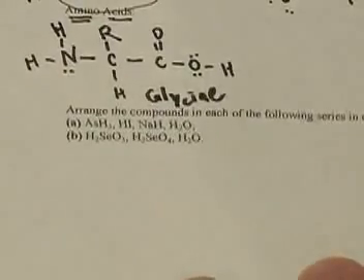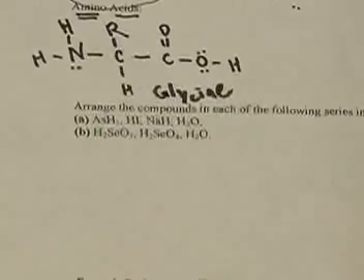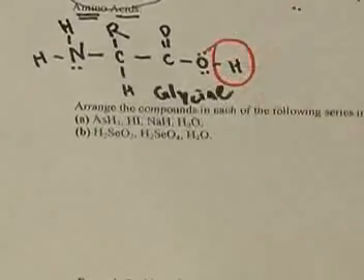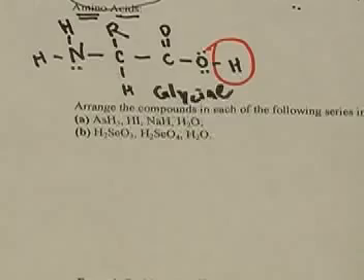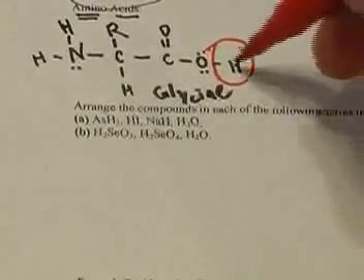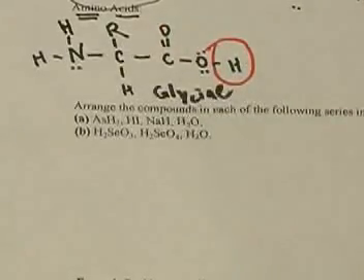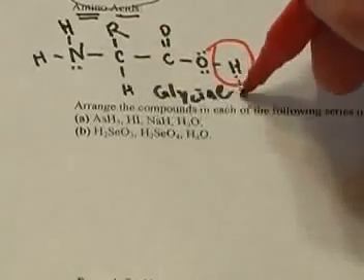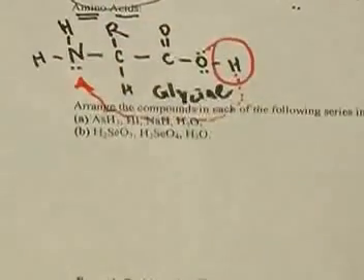Anyway, the thing that makes this acidic and also basic is this hydrogen right out here from the carboxylic acid area of the molecule. And as a matter of fact, you might notice that these amino acids could actually react with themselves. The hydrogen could be cleaved off and shared with this nitrogen right here.